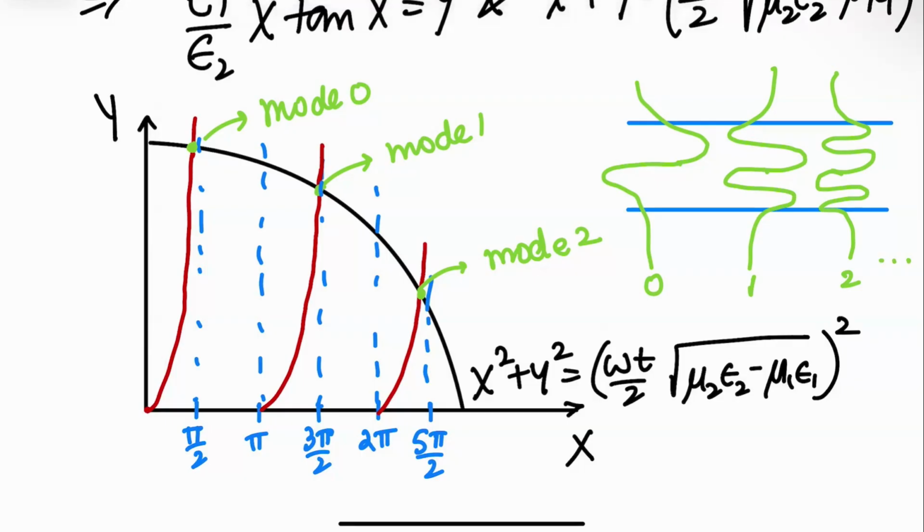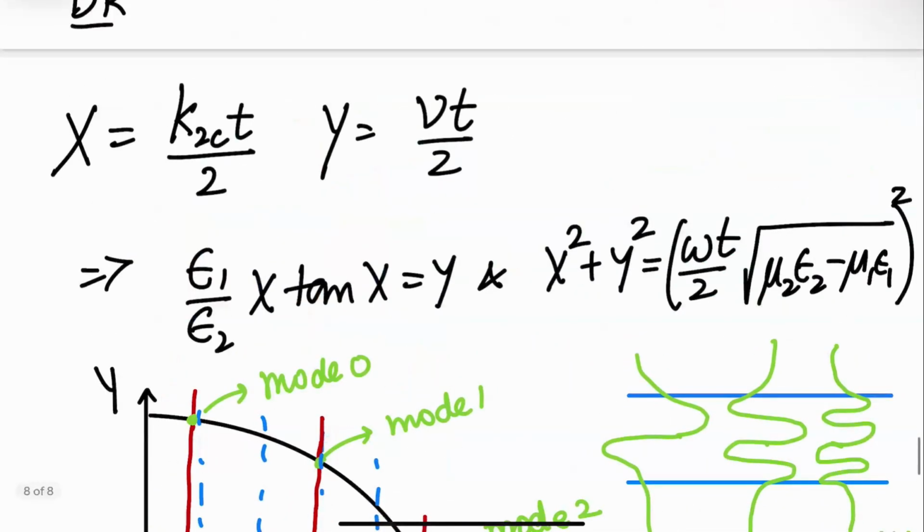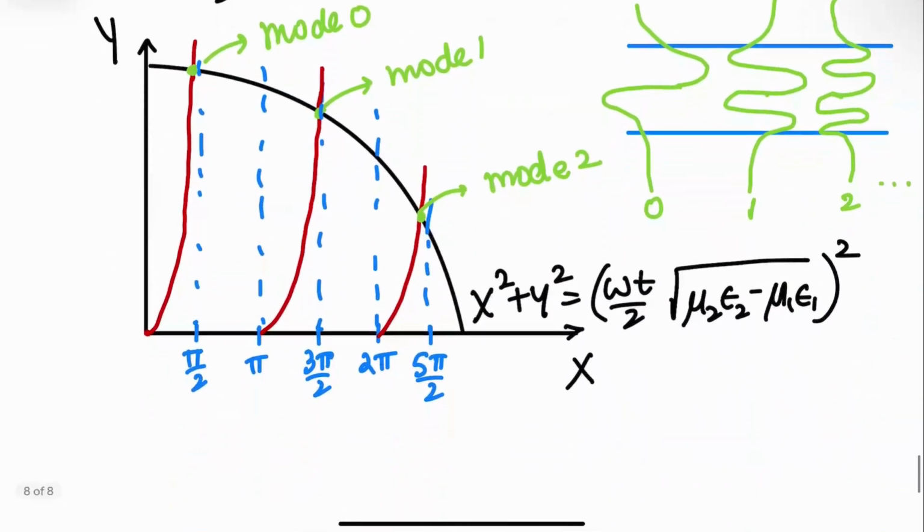Okay, so now when omega becomes smaller and smaller, at lower and lower frequency, this circle comes in, right? Because omega decreasing means this circle is becoming smaller and smaller, which means at lower and lower frequencies, you have fewer modes, right? When the circle is like this, you don't have a solution for this one. You only have two modes. Then when it becomes like this, you only have one mode that can propagate. So this is again for the propagating case because we've assumed that k and nu are real numbers, or x and y are real numbers, right?